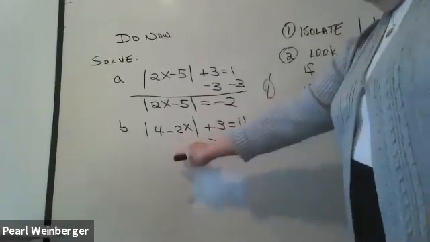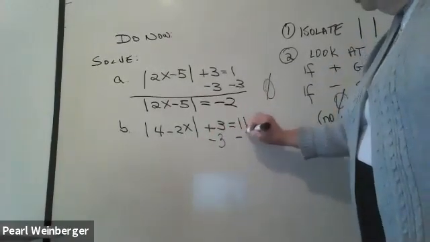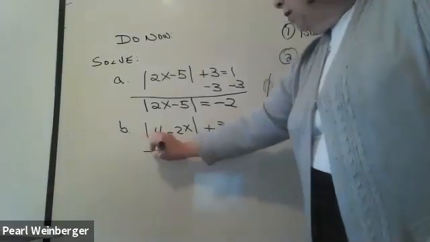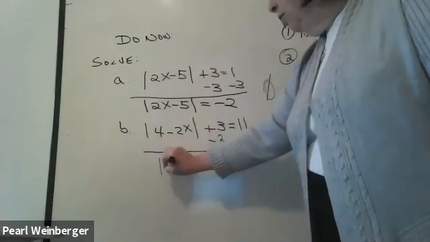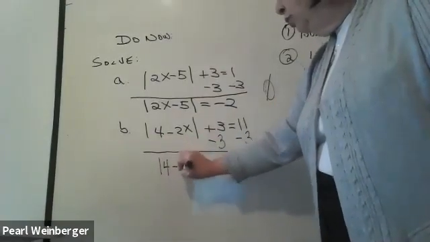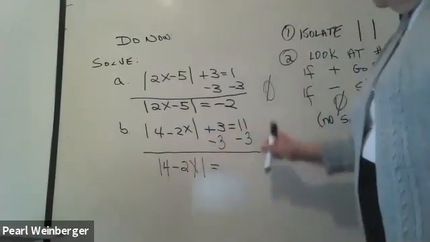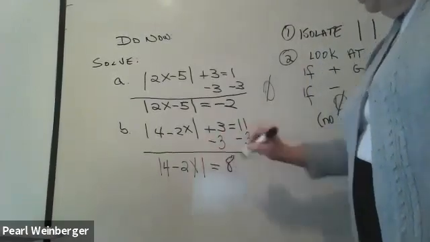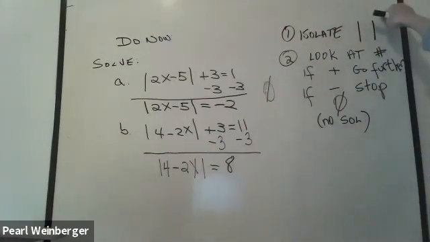Again, I have to isolate my absolute value. So I'm going to now bring this 3 to the other side. So now I have the absolute value of 4 minus 2x equals, now 11 minus 3 is 8. And I start the process again. I've isolated my absolute value.